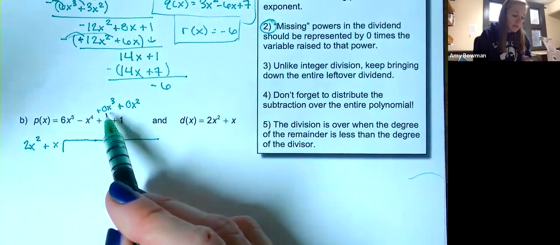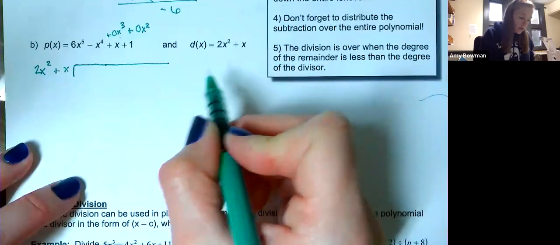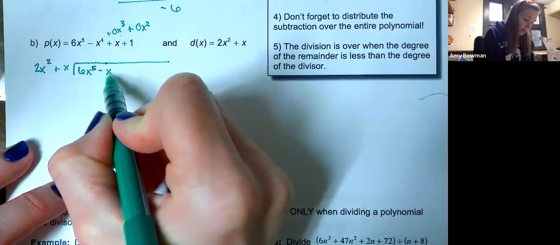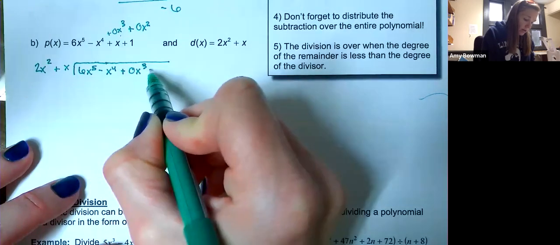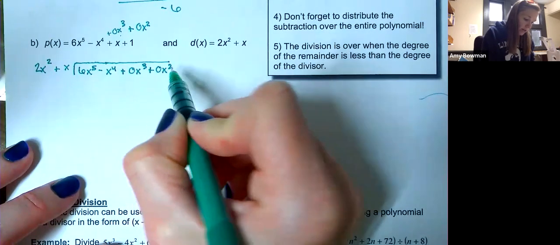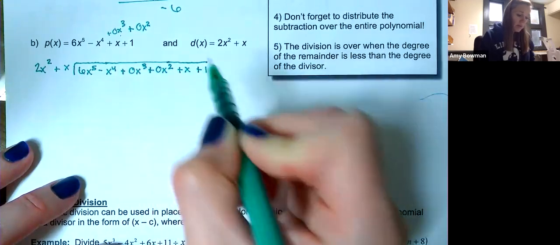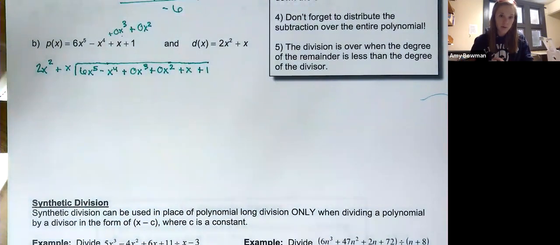So those are the missing powers that I need to represent in my dividend for the long division. So I would write 6x to the 5th minus x to the 4th plus 0x cubed plus 0x squared plus x plus 1. Okay, so that's going to help us stay organized with all of our different terms and powers.